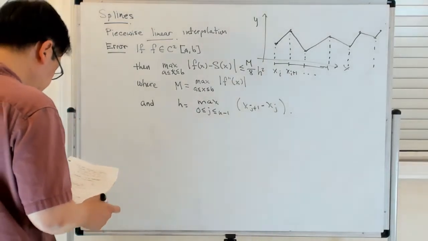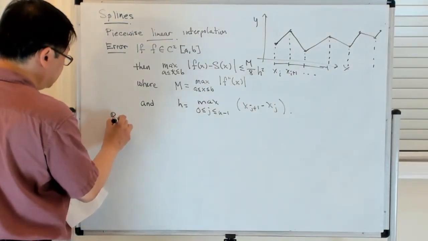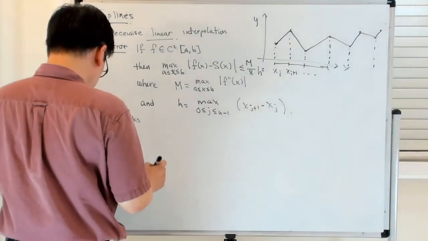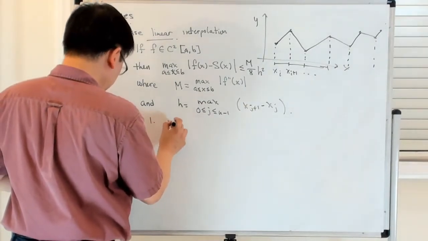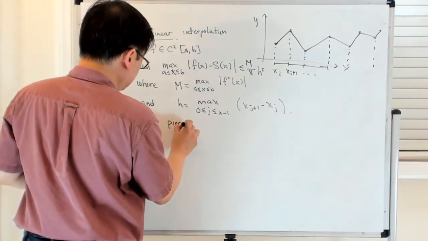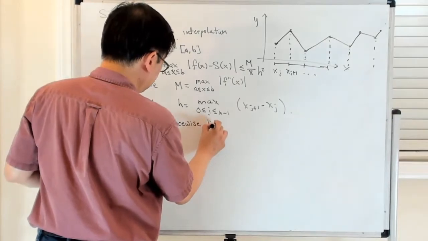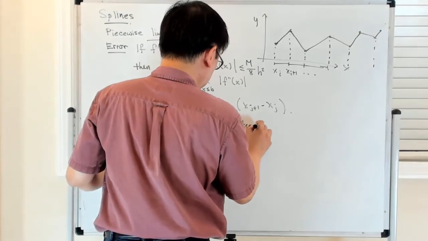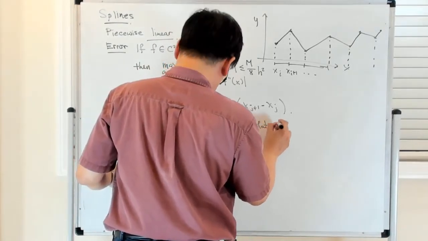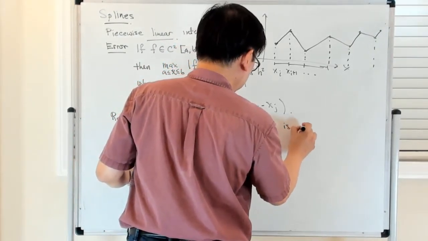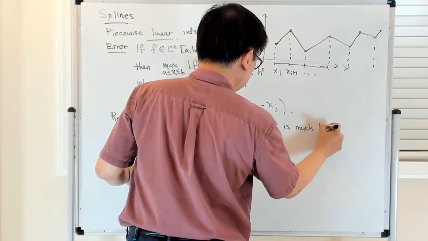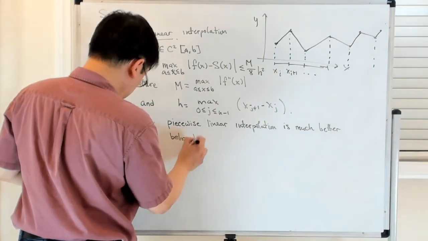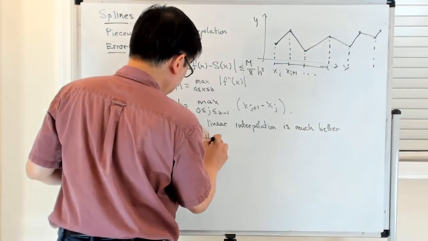All right. So let me make a few remarks about this. The first thing is that piecewise linear interpolation is much better behaved than polynomial interpolation.